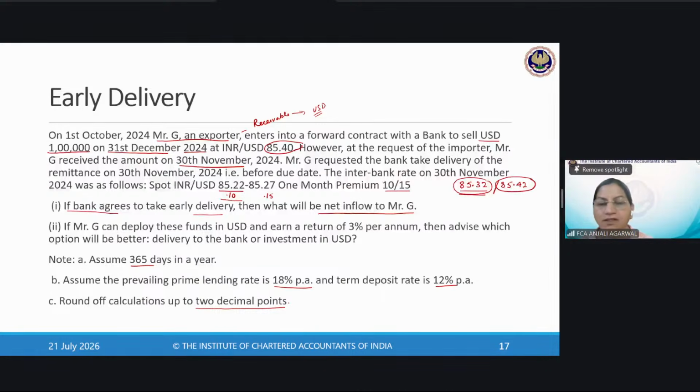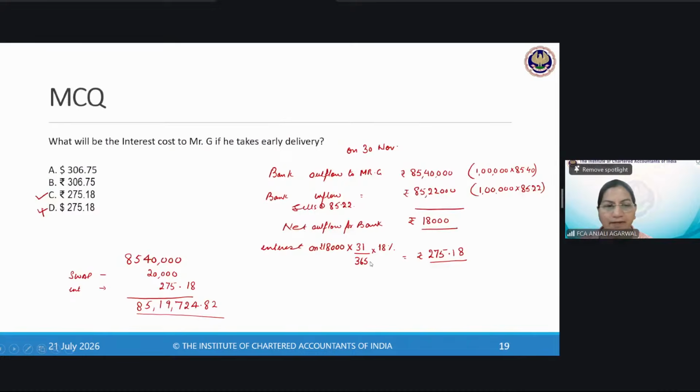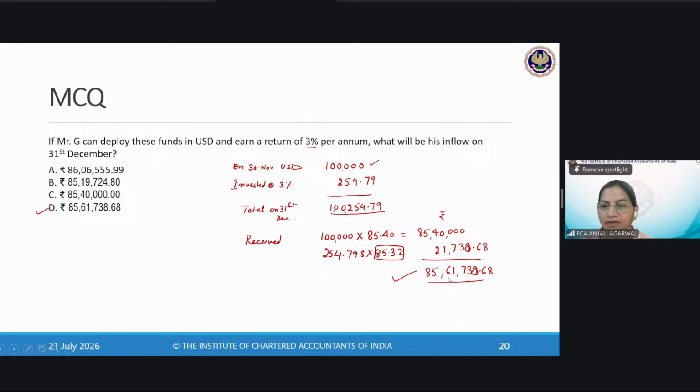So we must take the interest element, or we must assume that he has deposited whatever 30th November he received in India. And for that, the deposit rate is 12% per annum. So when we will compare, we will not compare 85 lakh 19,000 with 85 lakh 61,000, because this figure is as on 31st December.